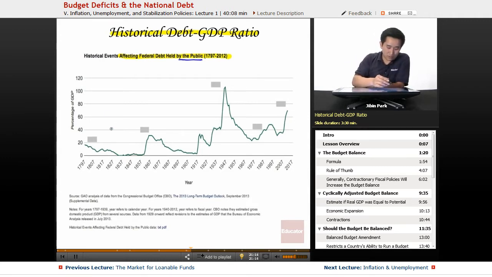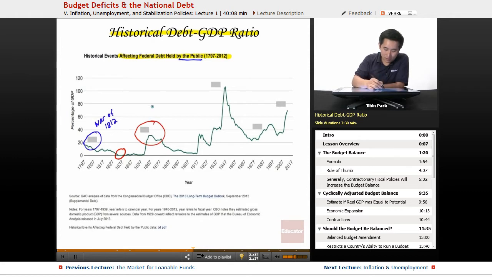So as a percentage of GDP right here, you have around here the War of 1812. Okay. And again, this was a little bit higher, but notice as the war ended, the government basically had no debt around this time here, very little debt. And what big incident happened here?